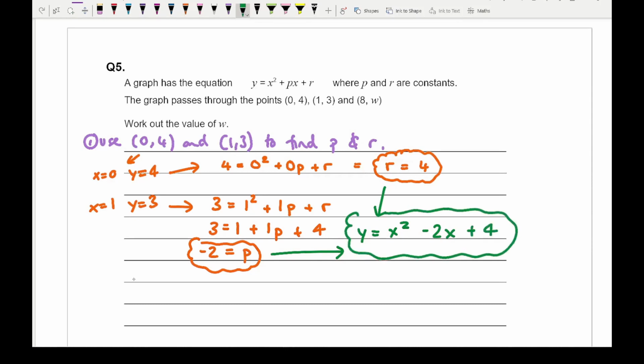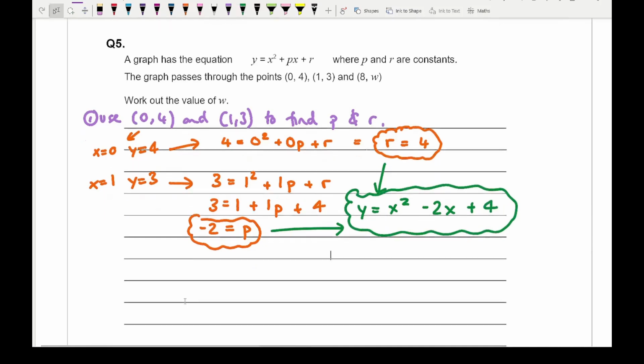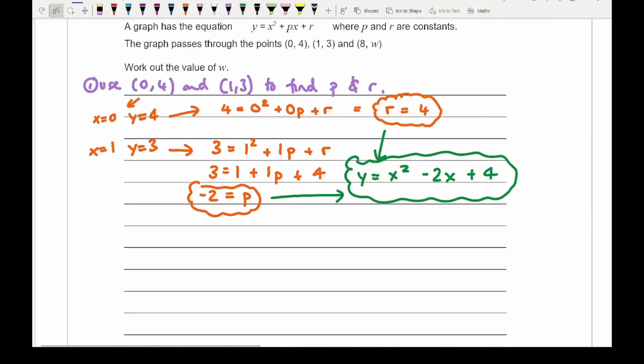Now once I know the equation, I can find out what w is. Using (8, w), I know that this is my x value and this is my y value, so I've got w equals 8 squared minus 2 lots of 8 plus 4, so w equals 64 minus 16 plus 4.